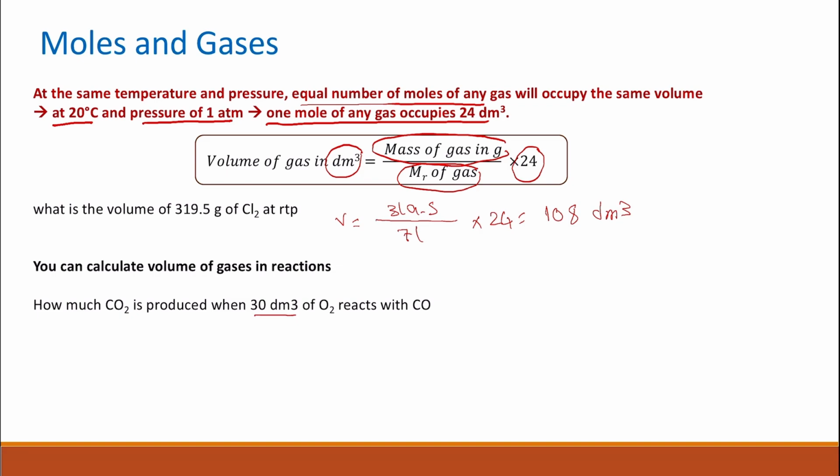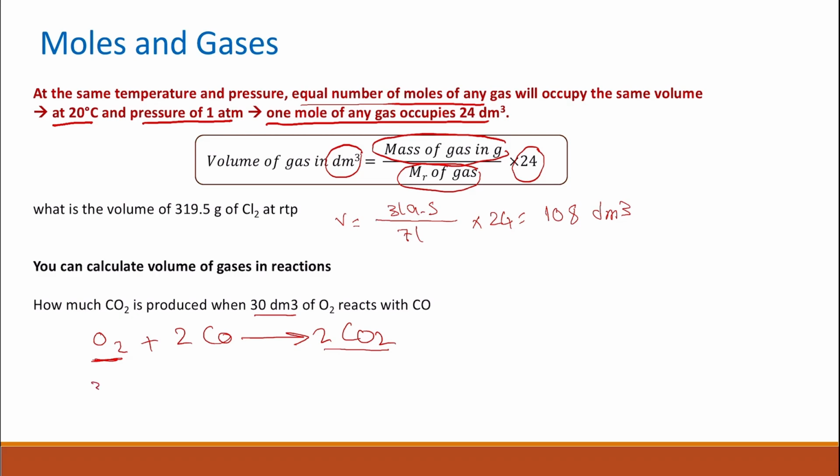In order to do our calculation, we need to write the balanced equation first. The balanced equation is that 1 mole of oxygen reacts with 2 moles of carbon monoxide to give you 2 moles of carbon dioxide. That means 1 mole of oxygen will give you 2 moles of carbon dioxide, and this is the same for the volume.